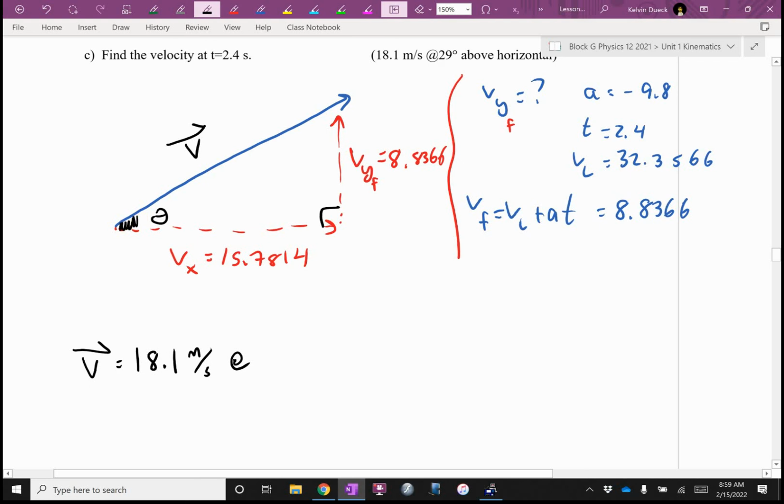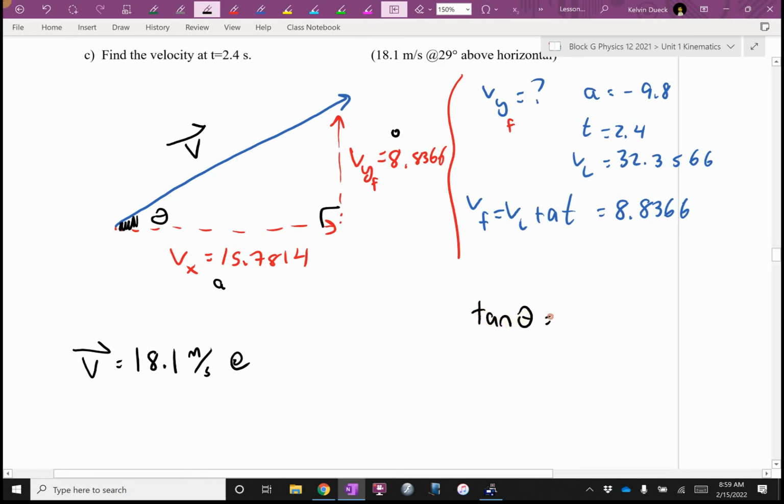That Vx, opposite, adjacent, or hypotenuse? Vy final. OA, which trig function? And I'm finding an angle, so it's going to be second function.